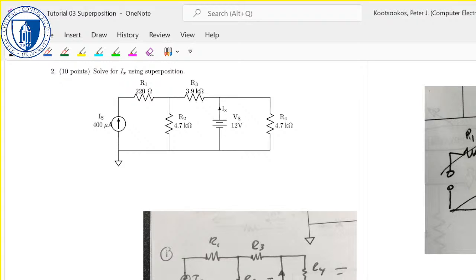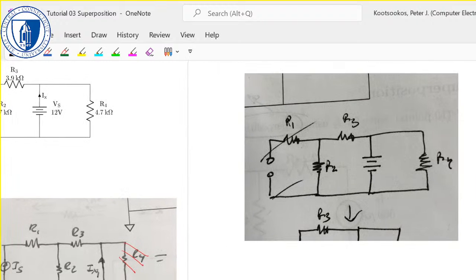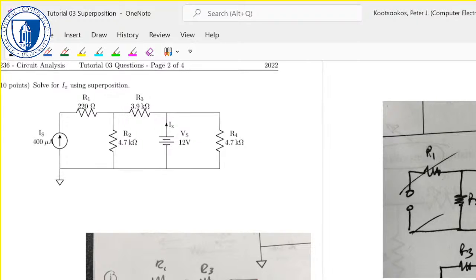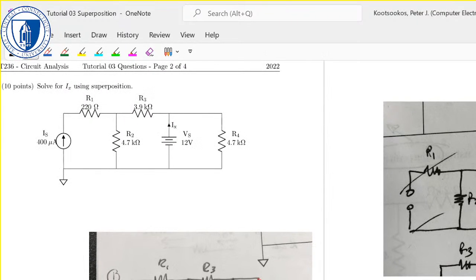So basically we should be able to ignore R4 in the analysis because it's shorted out. I'm just going to write IX1, and I'm going to call this IX2.